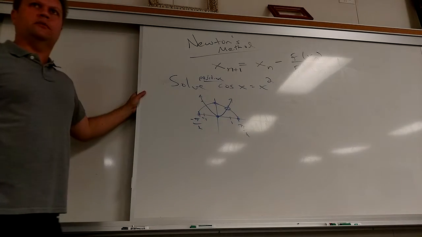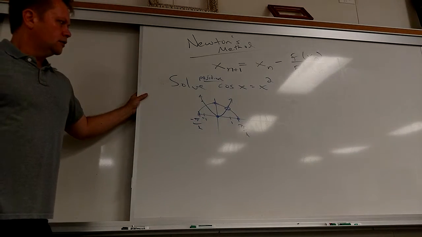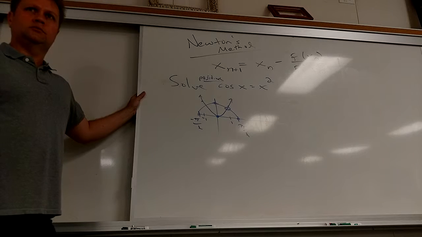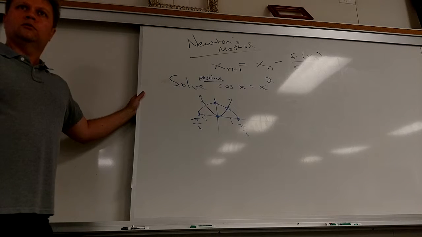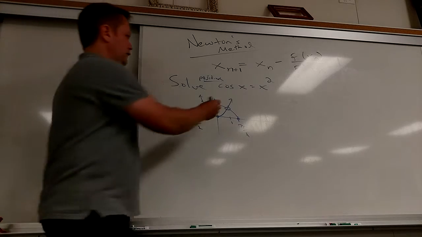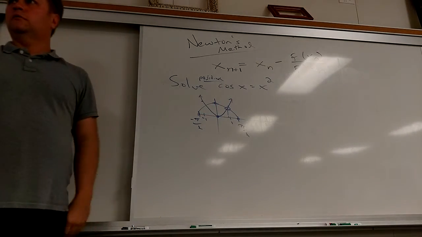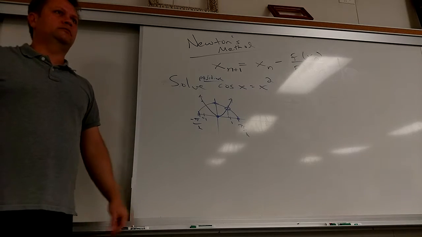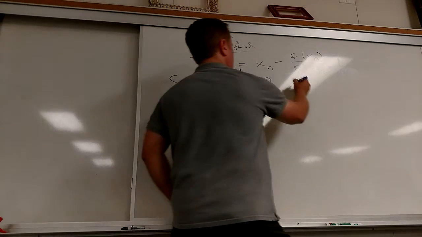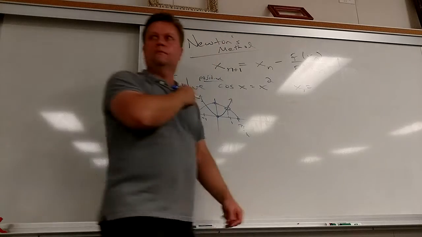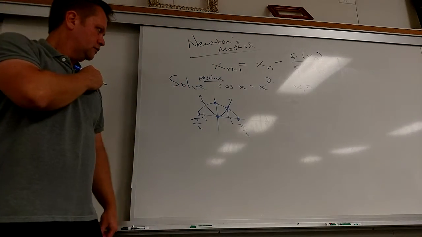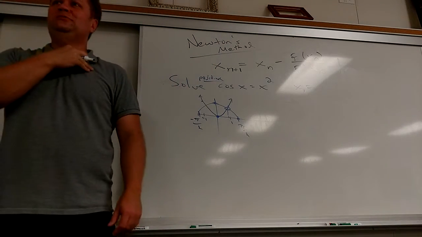That's where they meet for the positive side. That's a little below. What's a good first guess then? What's that x value? 0.75. Okay, sure. Why not? Or 1, right? Yeah, or 0.9. Let's do 0.9.